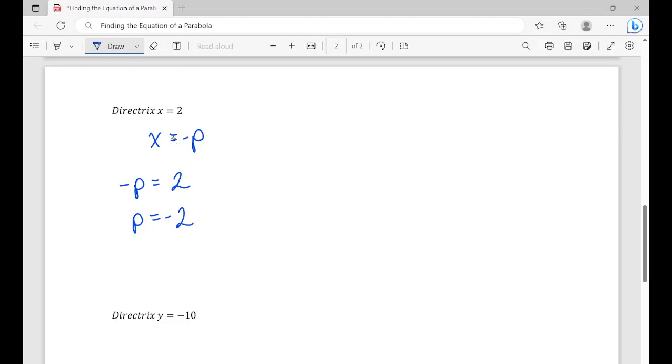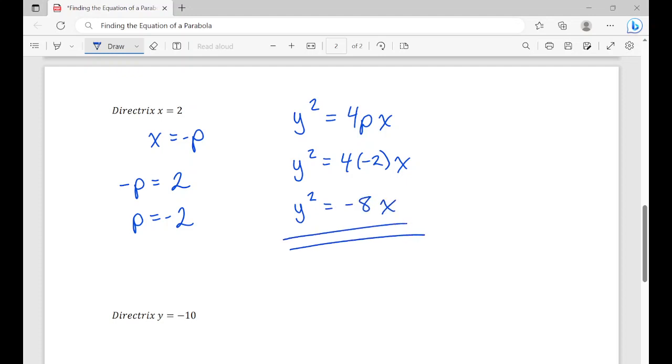And since we're using the directrix form of x equals, that means we are using the basic parabola equation y squared equals 4px. And now we just plug in our p-value. y squared equals 4 times negative 2x. And then we just work it out, y squared equals negative 8x. So there is the equation of this parabola.